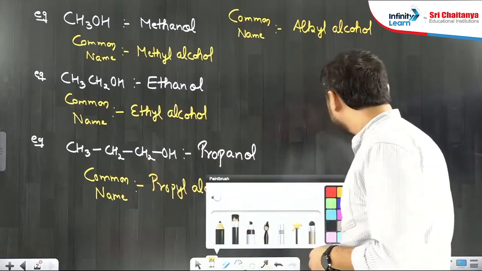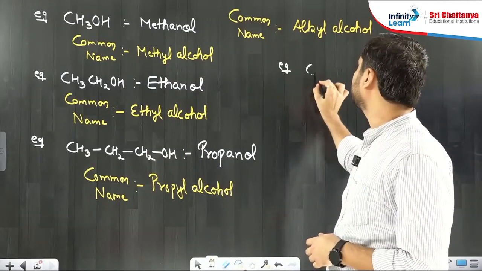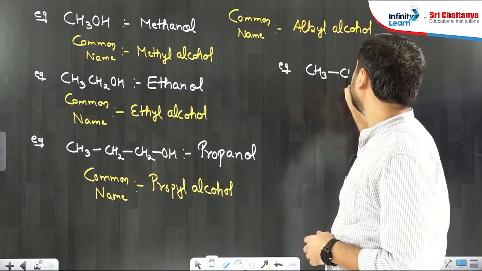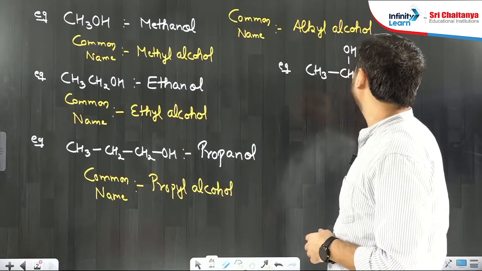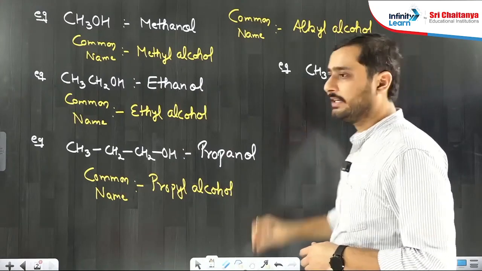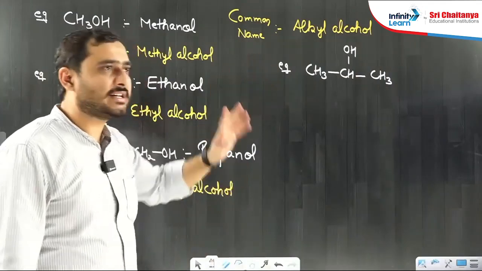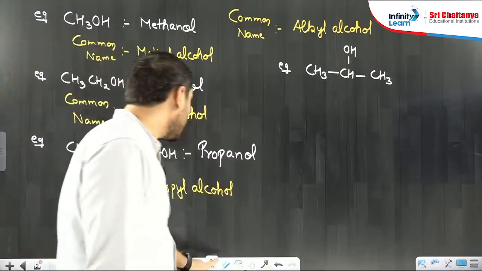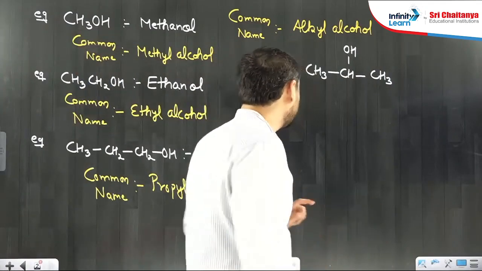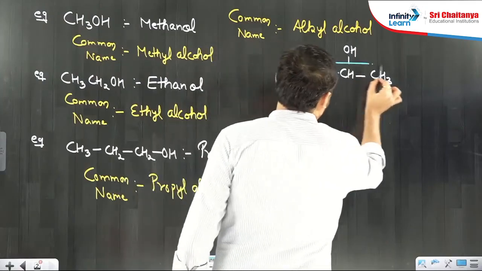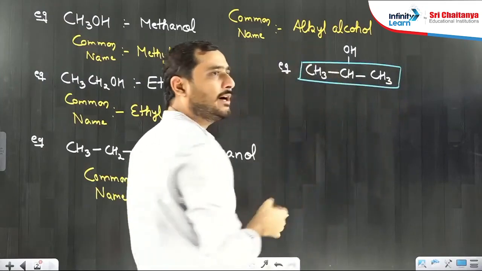But if we write this structure, CH3, CH, now here what is attached? OH, and here what is present? CH3. Now 3 carbon atoms and OH is not present at the first carbon. So what are the rules? First is selection of the parent chain. Now this will be the parent chain, the longest chain of carbon atoms.